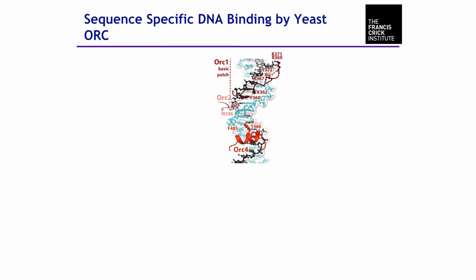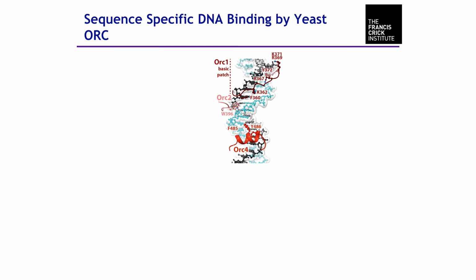But that turned out to be incredibly important for us in the field to understand how it all works, though it turns out to be a bit of an evolutionary weirdness. And the way ORC binds to DNA has been worked out by the Stillman and Joshua-Tor labs and Bik-Kuen Ty's lab.